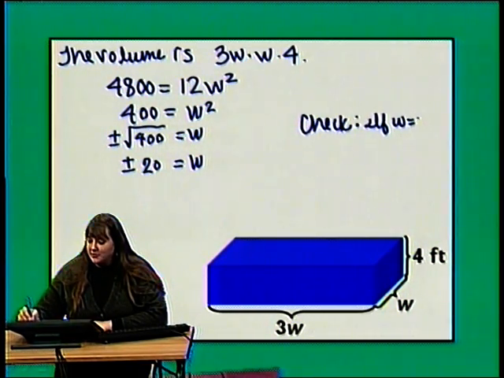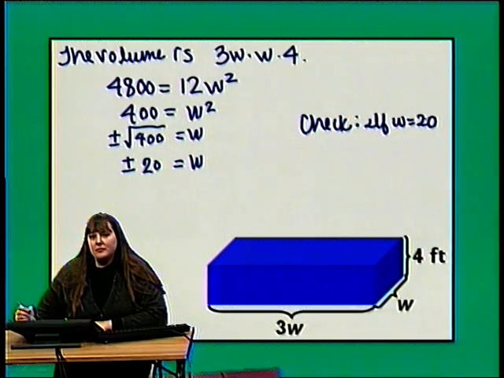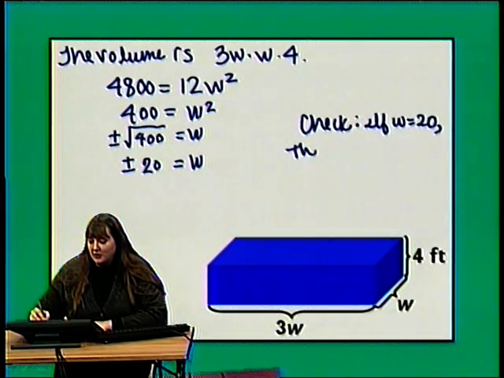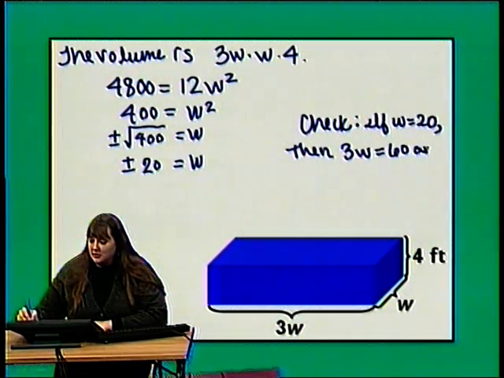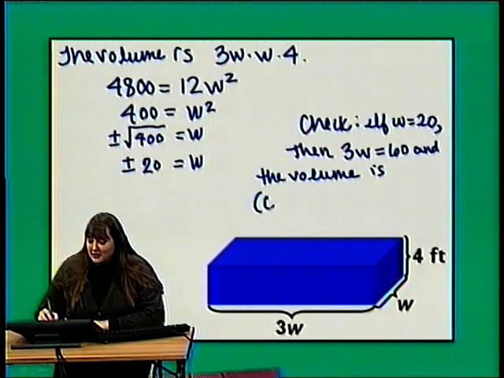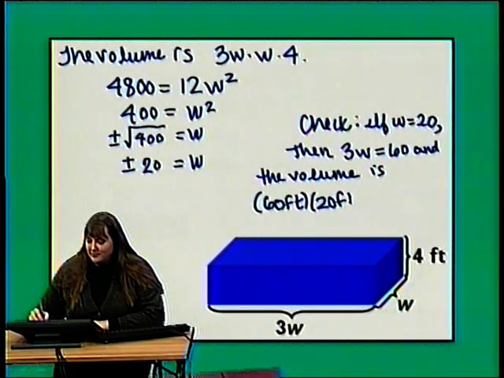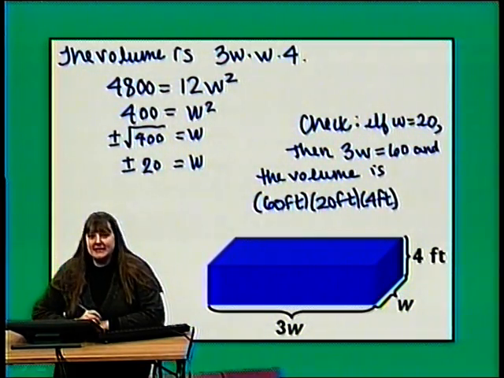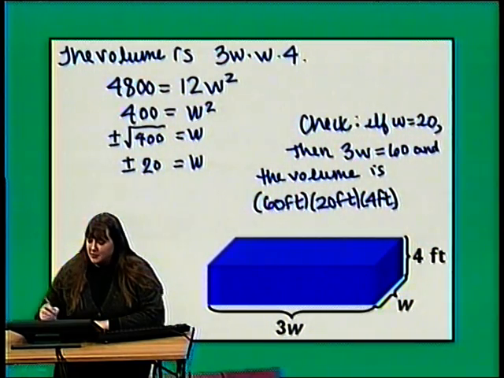If W equals 20, then we know that the length, 3W, is going to be 60. And the volume is 60 feet times 20 feet times 4 feet. 60 times 20 times 4 is 1,200 times 4, which is 4,800.